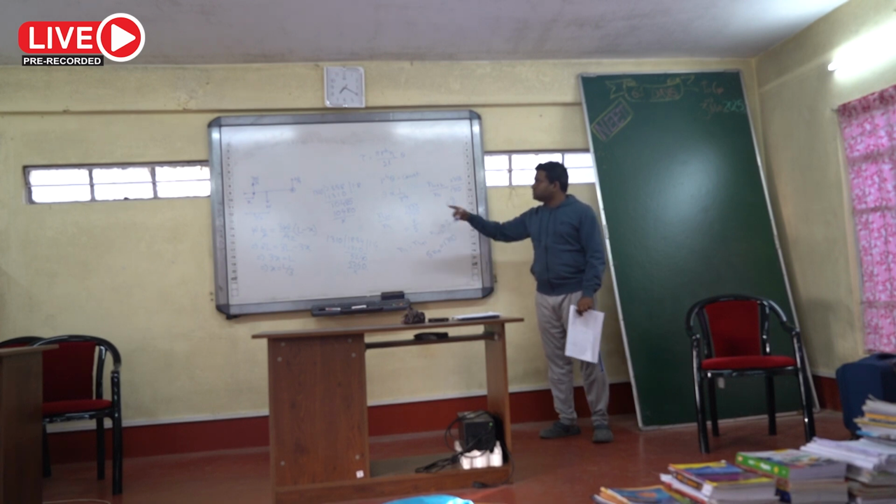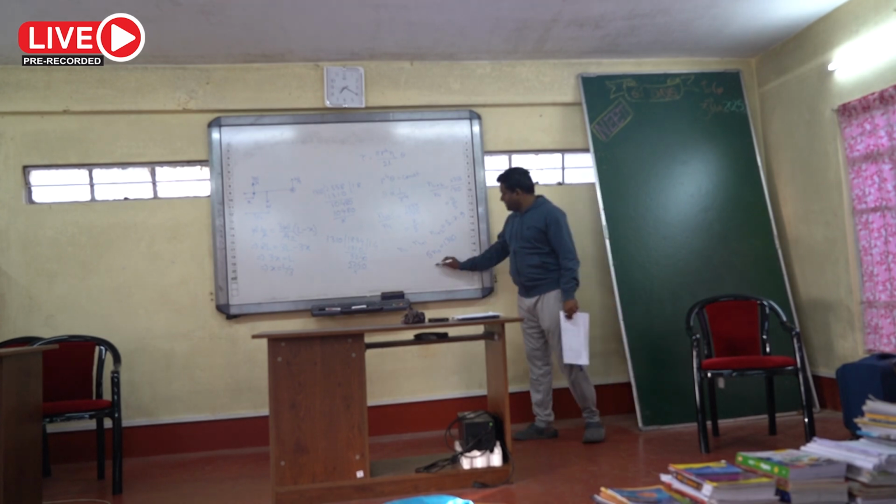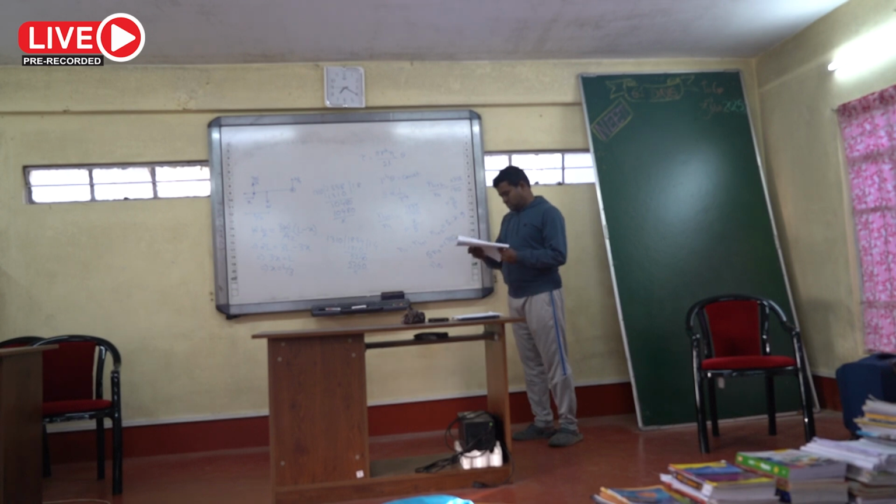So 5n0 is 1310, then from this calculate n0. 262.